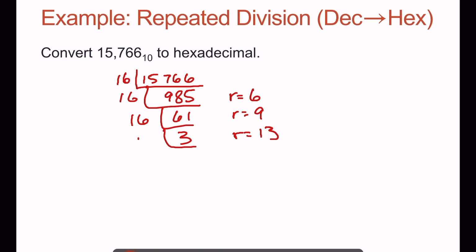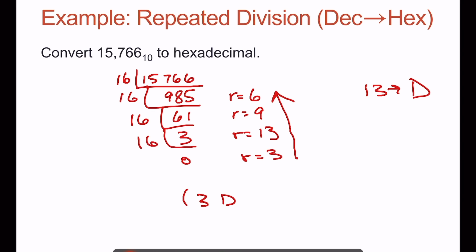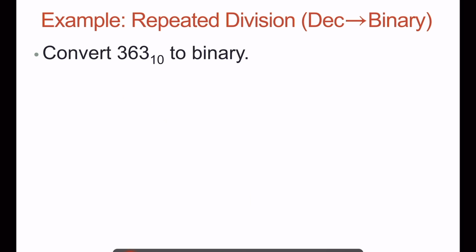And then 16 goes into 3 0 times with a remainder of 3. We read from the bottom up, and we will then get 3, 13 which we write as D, 9, 6: 3D96 base 16. And that's how that works. I wrote the answer down here just so I can make sure that I got it right.